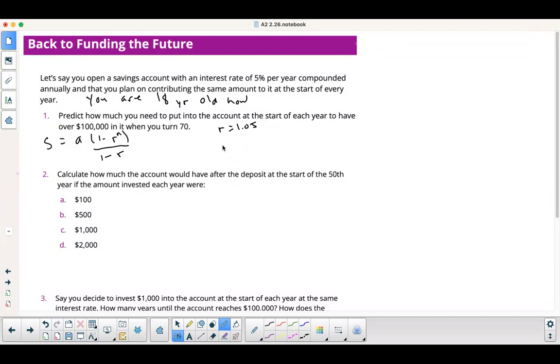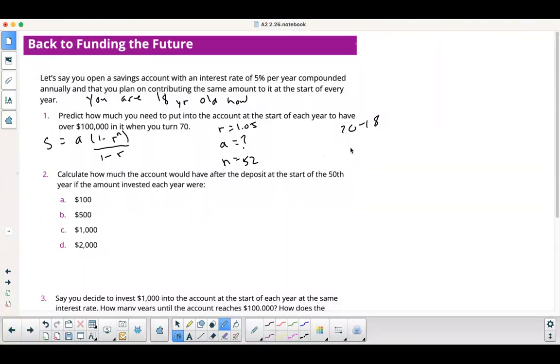So A, we're not really sure what we're going to have to put in. And we know N is going to be, what's 70 minus 18? That would be 52. So I'm going to just try some random numbers. I got to get 100,000 in, but you're going to do it for 52 years.